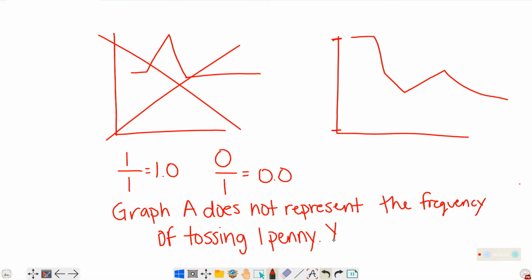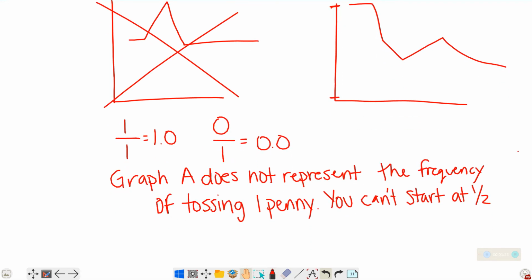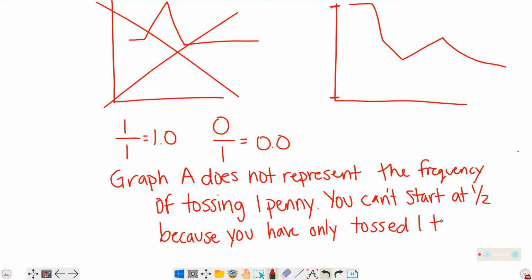You can't start at 1/2 because you have only tossed 1 time. You can't have 2 tosses on the bottom as your total because you've only tossed it once.